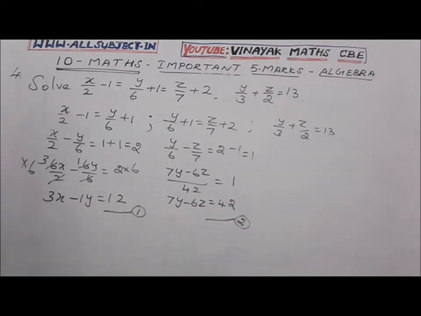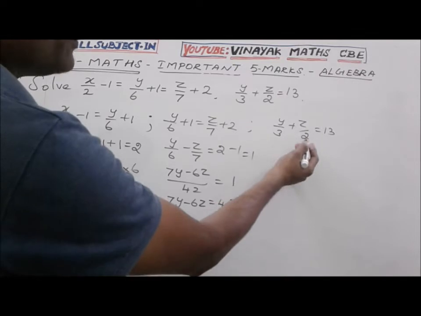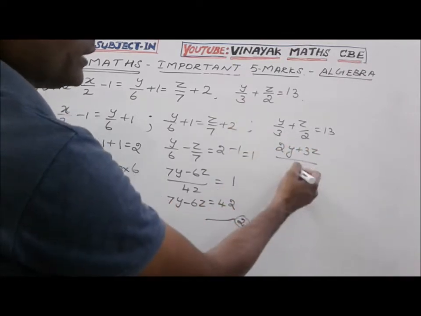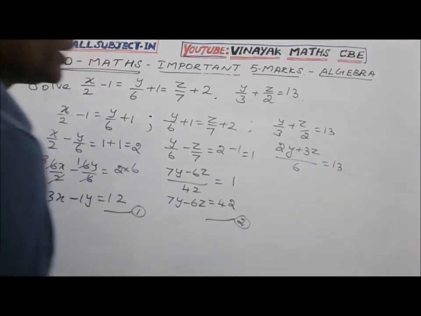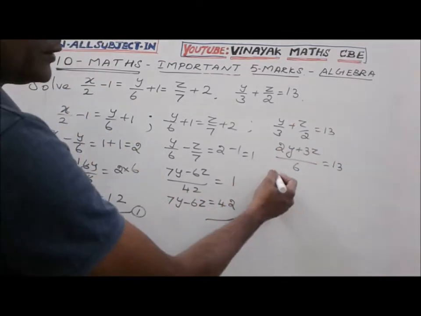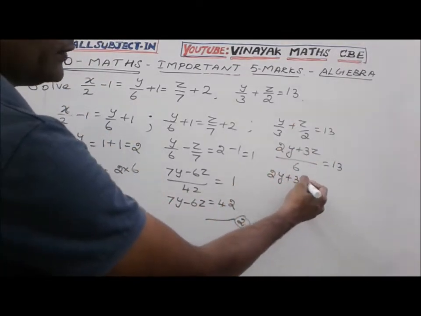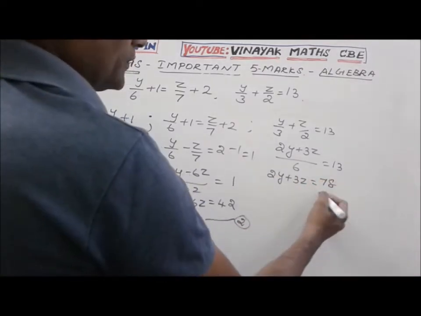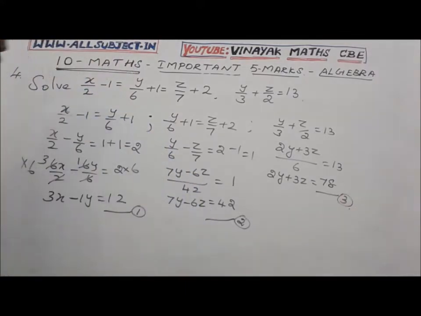And then the third equation, here also they are prime numbers, cross multiply, 2y plus 3z divided by 6 is equal to 13, and then cross multiplying by 6, 2y plus 3z equal to 78. This is equation number 3. Now we should solve these three equations and find the values of x, y and z.